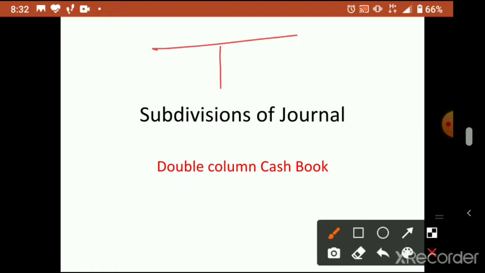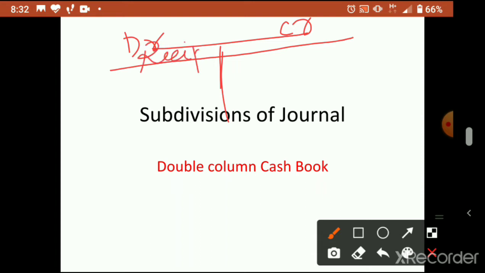If I draw, this is the debit side, this is the credit side. Easily you can remember: whatever receipts, if the business is receiving money, that item will appear on the debit side. If we are making payment to someone, all payments will go to the credit side. That is the thing you have to remember.